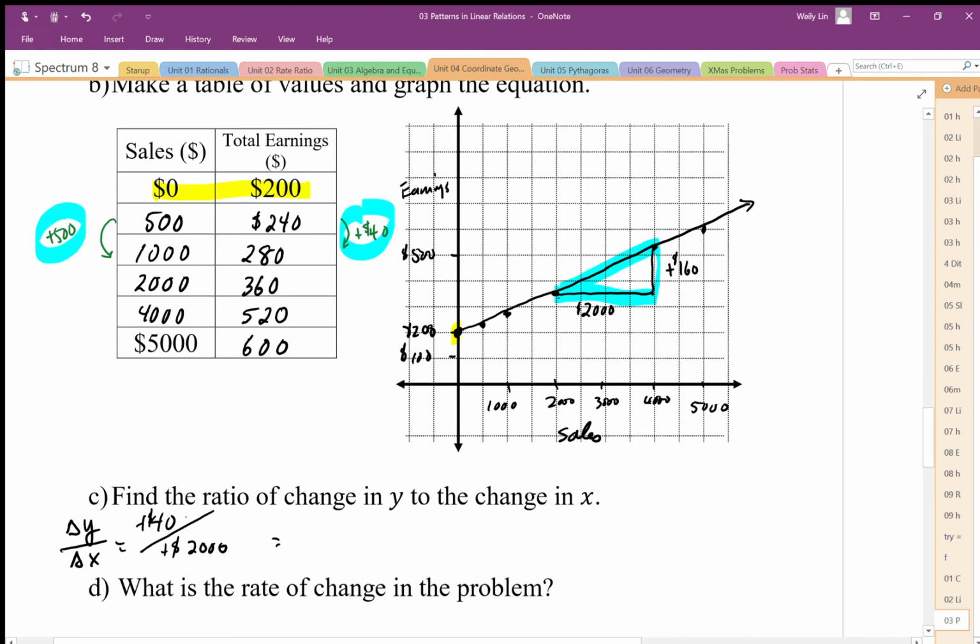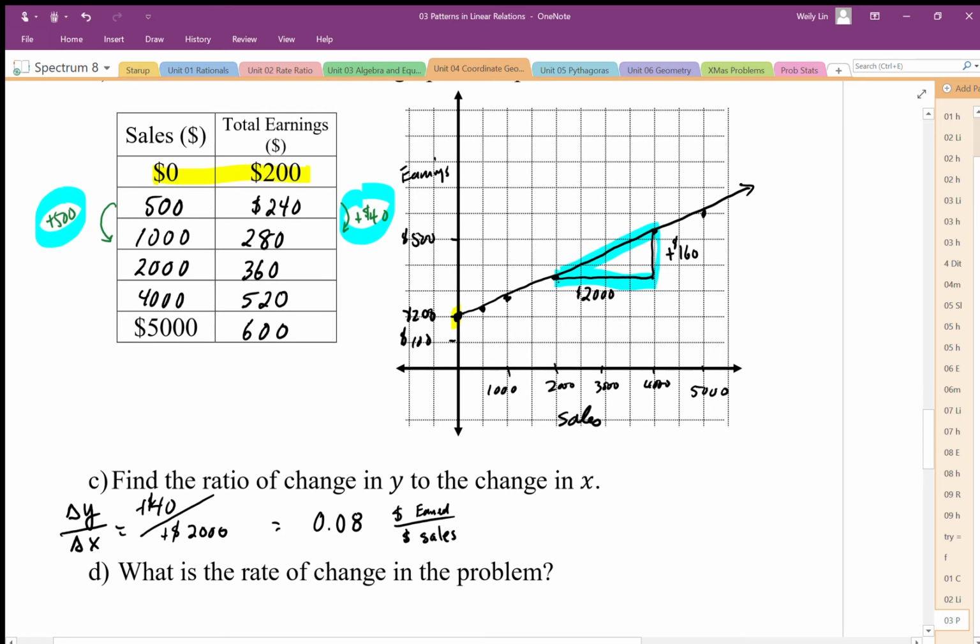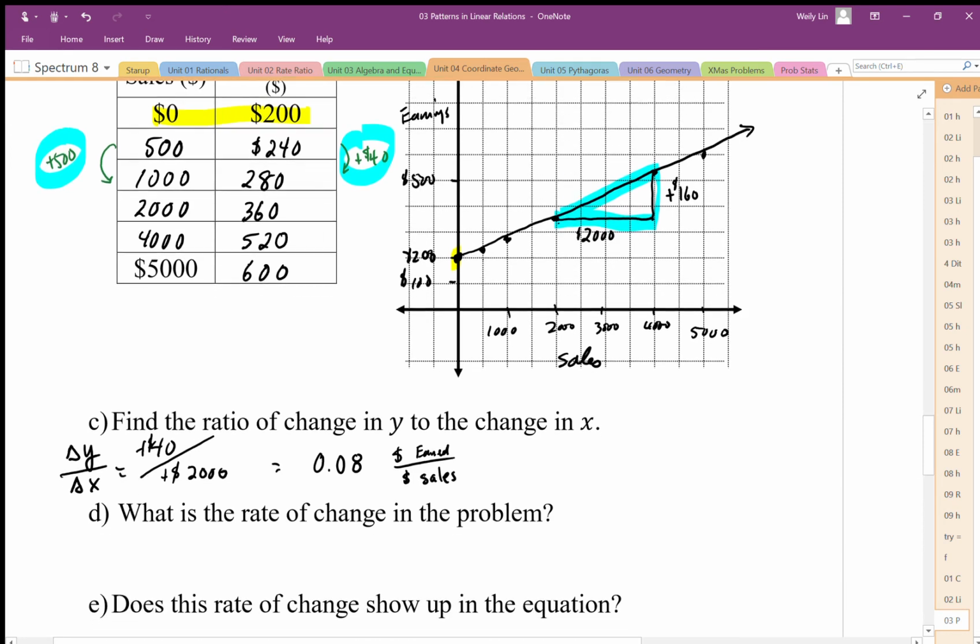When I divide those to get a unit rate, I get 0.08 as my unit rate, and the units are dollars earned for dollars sold. That's important. We can see the units right on our axis: the change in y of earnings over the change in x, which is sales.